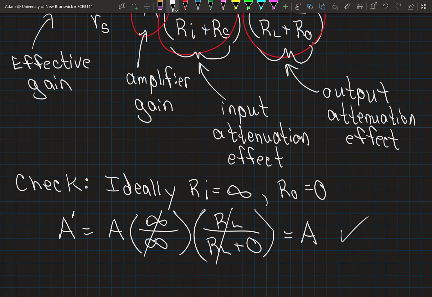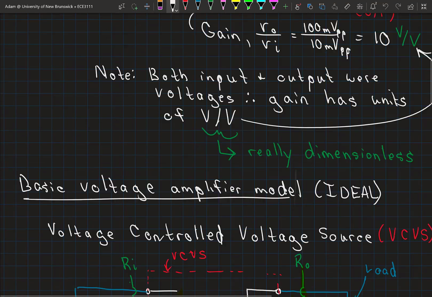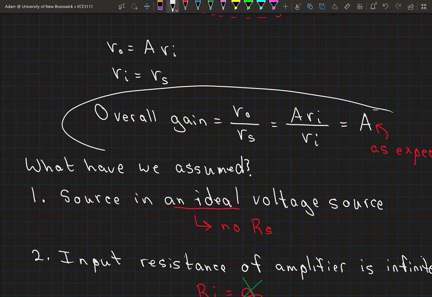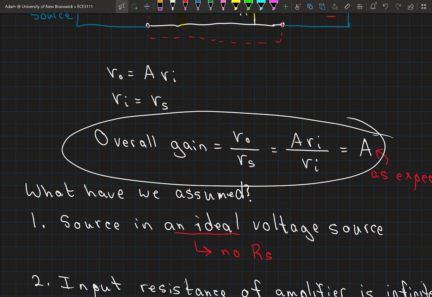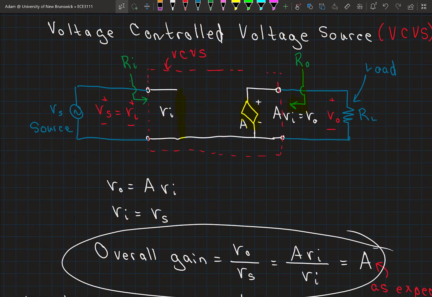And that's exactly what we said last day was the gain of my ideal amplifier. If we go back here and look, that was the conclusion we made, that the overall gain of this ideal amplifier was equal to the gain of my voltage amp, or my voltage controlled voltage source.